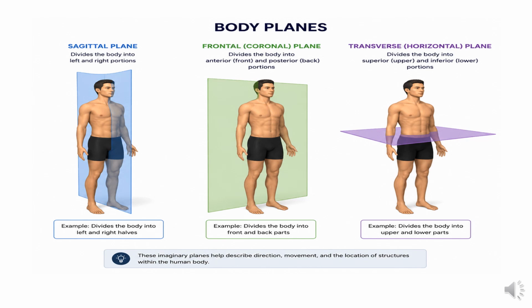It divides the body into a front section, anterior, and a back section, posterior. The third one is a transverse plane or horizontal plane. This cuts straight across the body, dividing it into an upper section, superior, and a lower section, inferior.